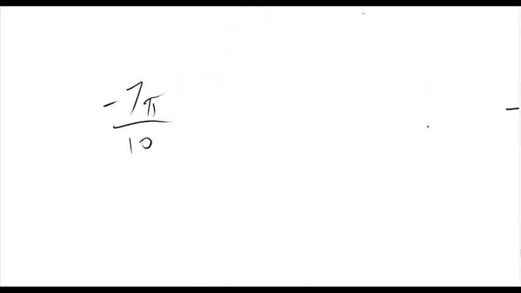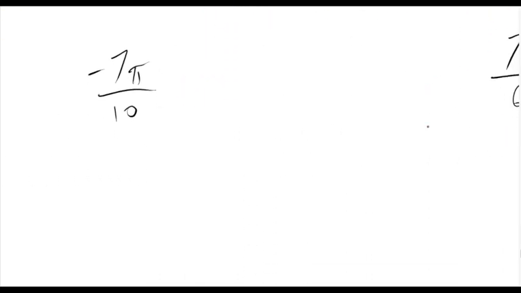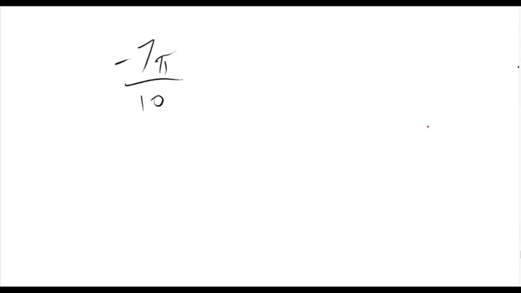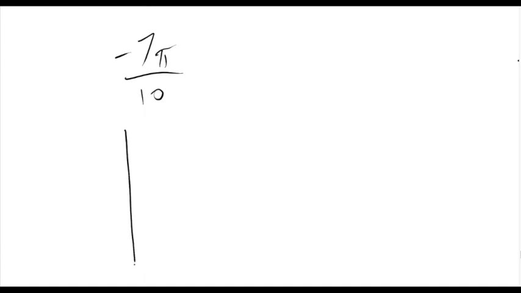So let's do the same thing with our radians. Again, I want to sketch my radians. So negative 7 pi over 10 is going to land me over here. Again, I'm looking for this red piece.